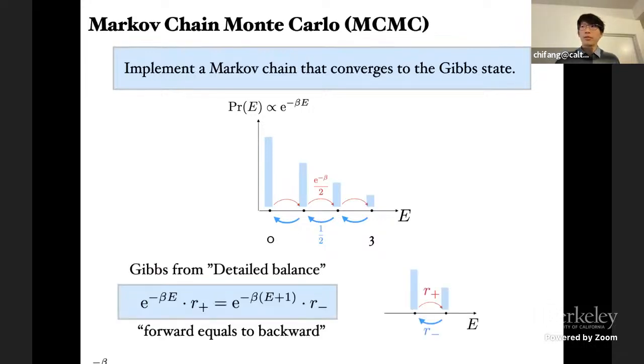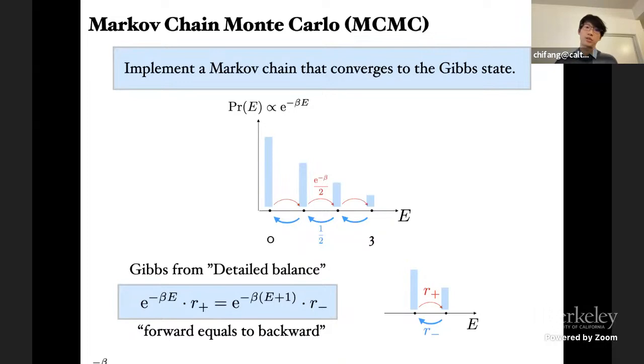A very powerful and very general recipe is called detailed balance. What we're going to do is impose that at the stationary state, the flow forward and backward cancel each other out. This is the equation I wrote down here. Then you can just invert this equation and check that indeed the above number satisfies this condition.